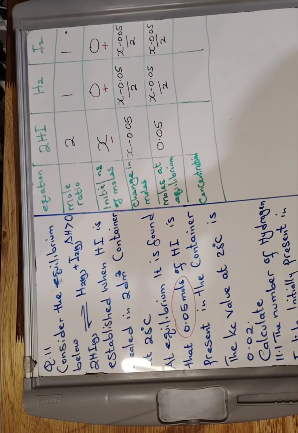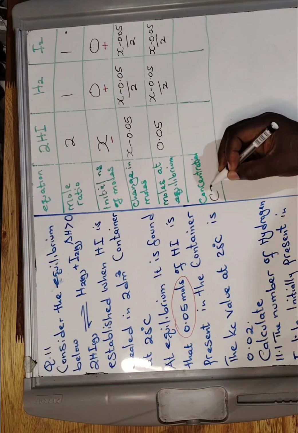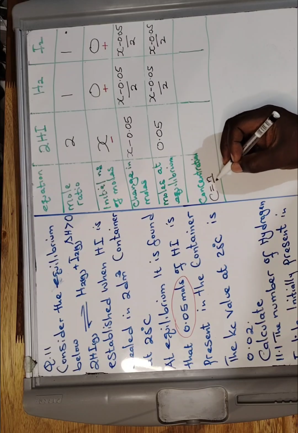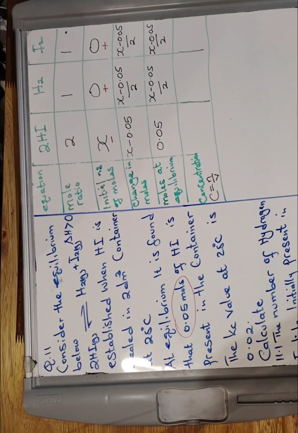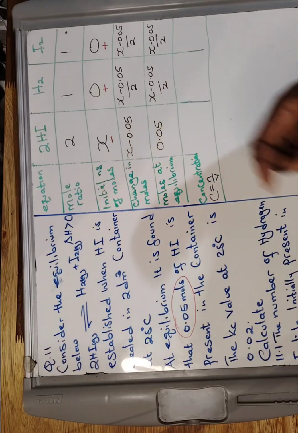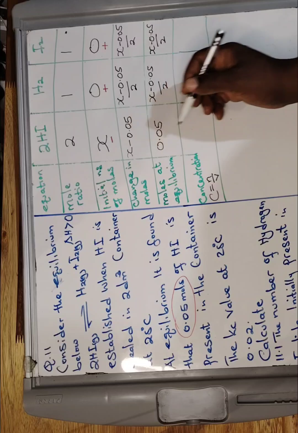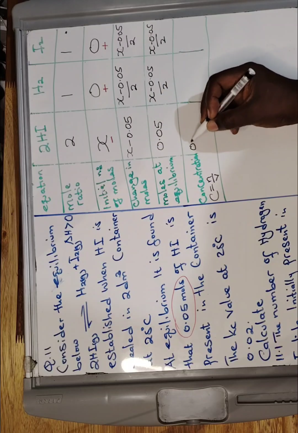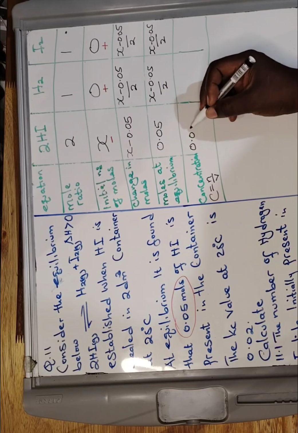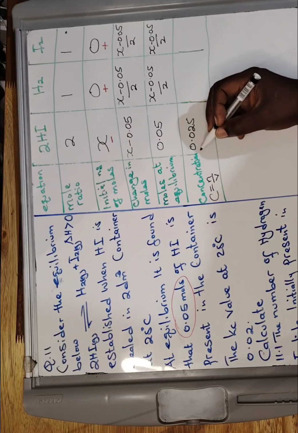Now we have the concentration. We must not forget that concentration is equal to number of moles over V. So you divide each one of these by 2. When you divide this by 2, you will get 0.025.